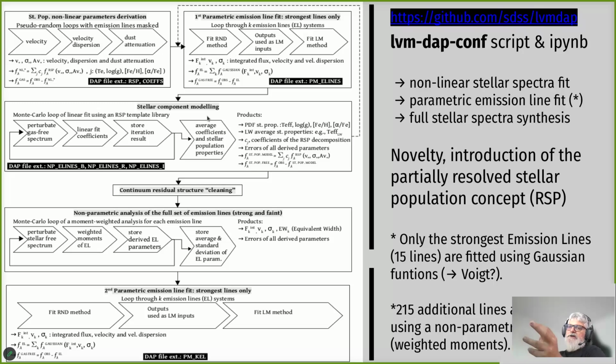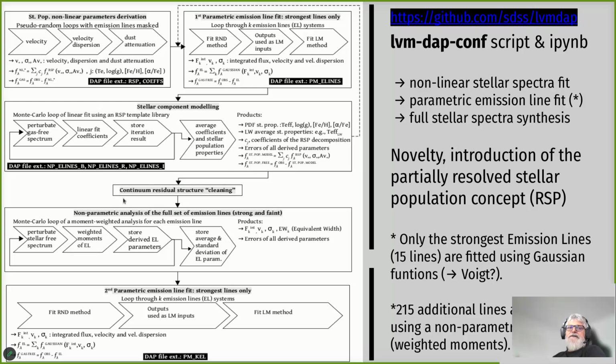Once you have the best model of the stellar component, this is an important note here: nebular continuum is still not included, and we need to figure out how to include that. Just to make a note, you subtract that, and the residual spectra is similar to the one that you enter in here, but more refined.